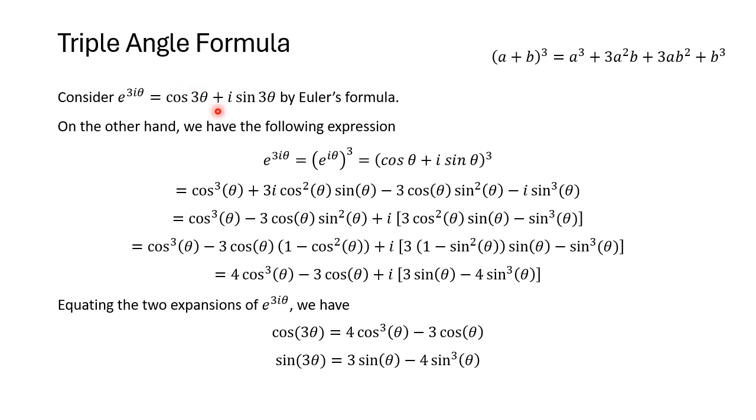So cosine 3 theta needs to be equal to this real part here, 4 cosine cubed theta minus 3 cosine theta. And then the imaginary part, sine 3 theta, needs to equal this expression here, 3 sine theta minus 4 sine cubed theta. And I'm just listing the identities here at the end.